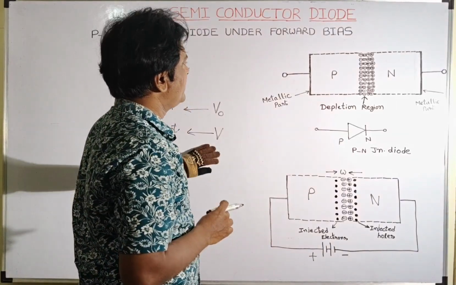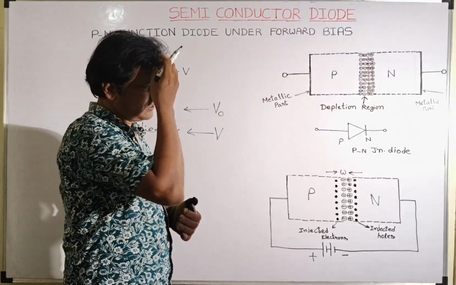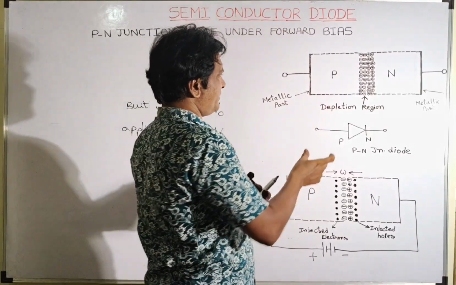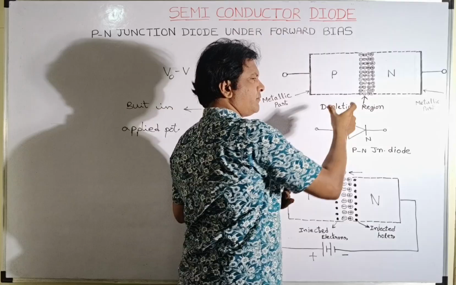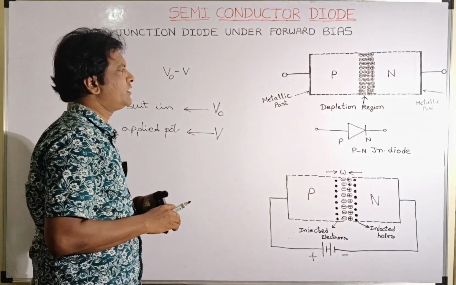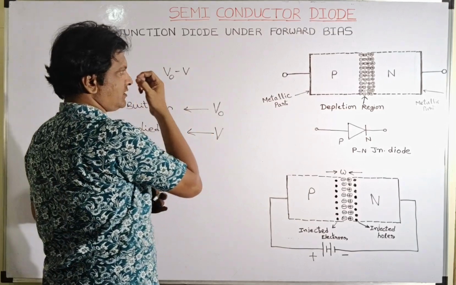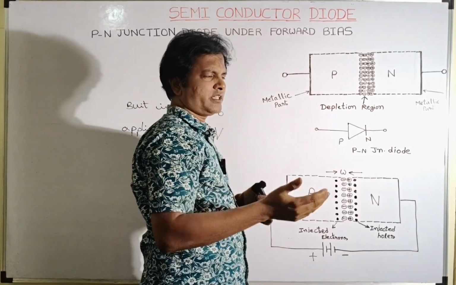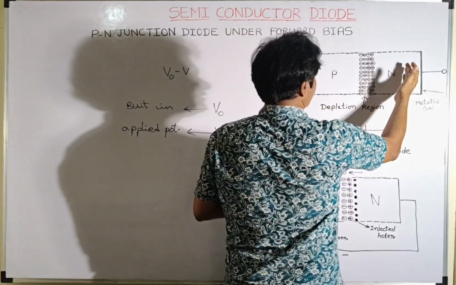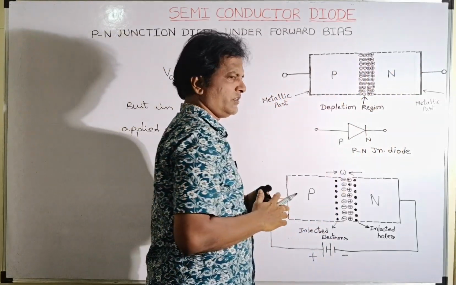If the external voltage applied is less, that means the equilibrium barrier potential can be reduced by applying the external voltage. Why? Because the applied voltage makes the electrons further move towards the P region.